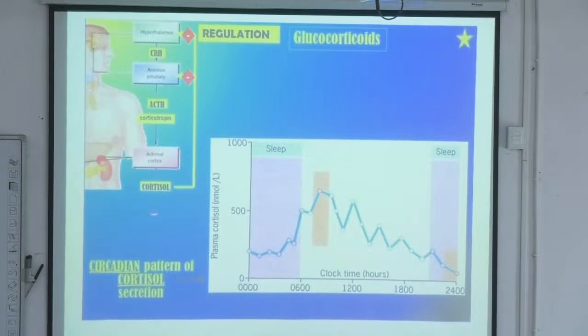The most important glucocorticoid is cortisol. Now, very important is the feedback inhibition. As cortisol comes into blood, it inhibits secretion of ACTH from anterior pituitary and also secretion of CRH from hypothalamus. So, there is a negative feedback mechanism.